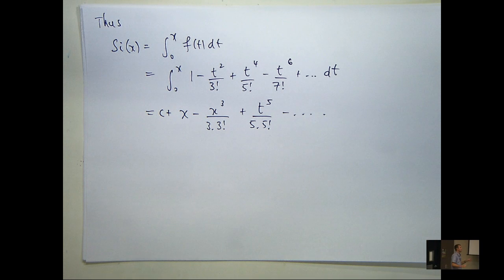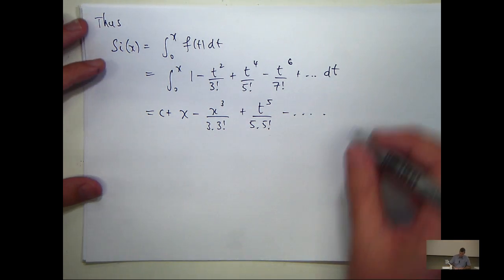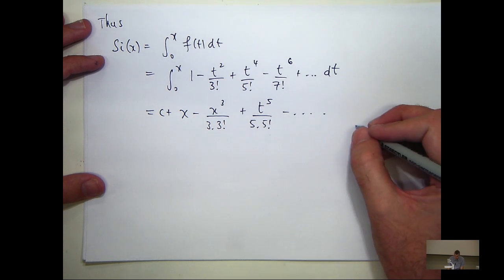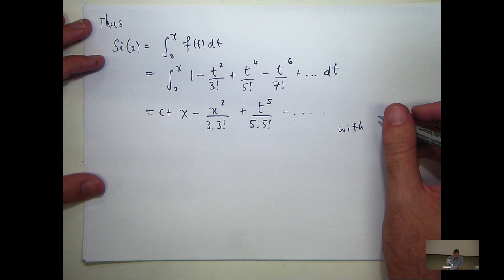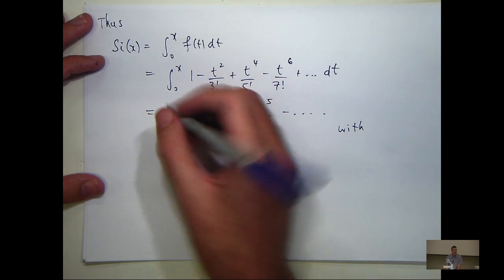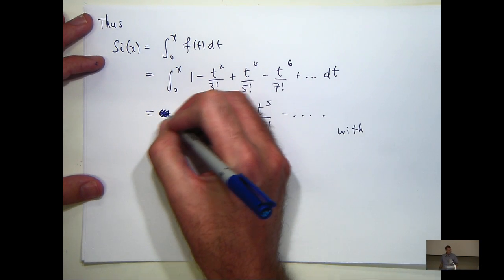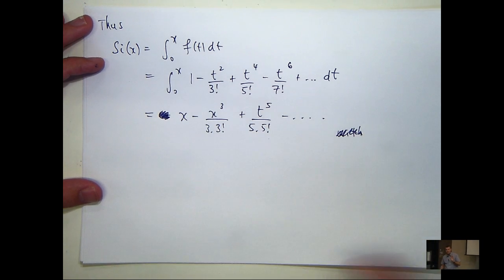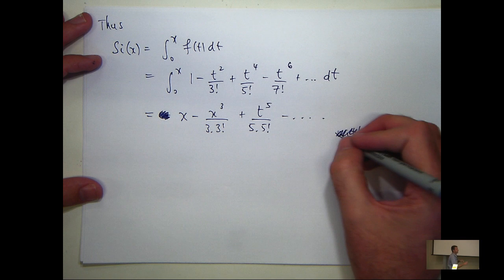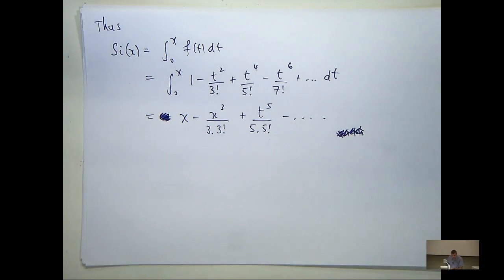Again, plug in x equals 0, you're going to get c equals 0. Oh, hang on. No, you don't need this. You don't need the constant of integration. Anyone know why? It's a definite integral. All right, that's it. Okay.